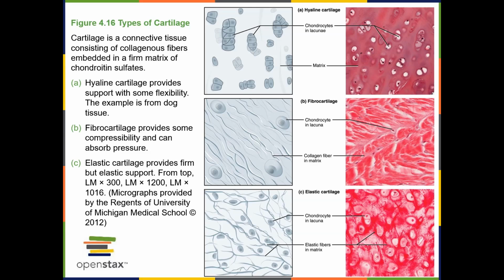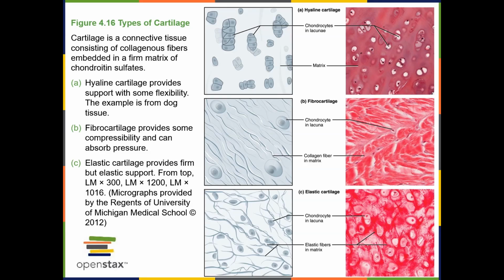Elastic cartilage is also found in the epiglottis, a region of the respiratory tract called the larynx, or commonly called the voice box, that has a flexible lid that closes as you swallow to prevent food or drink from entering the respiratory tract.